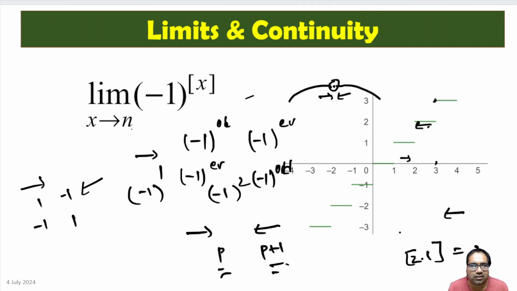Let's say if the limit is 2, then however close to 2 you want, you should be able to go 1.99, 1.999 or 2.0001, whatever. You should be able to go as close as you want, except probably the 2 itself, but all remaining numbers should be possible. In this case, one side you are approaching minus 1 and the other side you are approaching 1. There is no way both sides approach the same number.